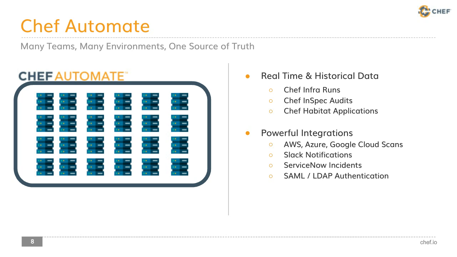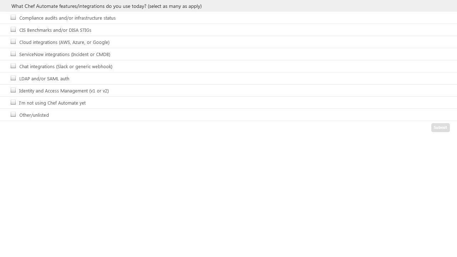So I thought it would be fun before we dive in to get an idea of what all folks are using in Chef Automate today. You should see a poll up. I'm going to leave it up for a minute or two to give folks an opportunity to throw their submission in. I'd be curious to know what all you're using in Chef Automate today. It is a select-many type survey, so feel free to select as many options as apply.